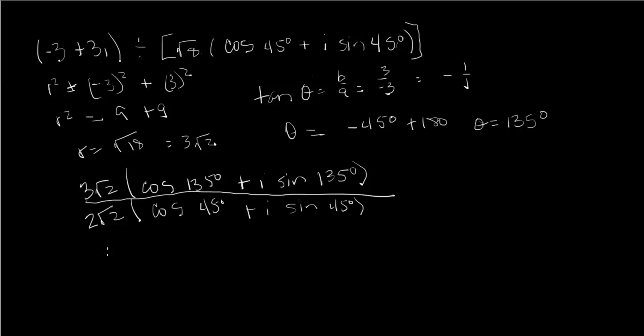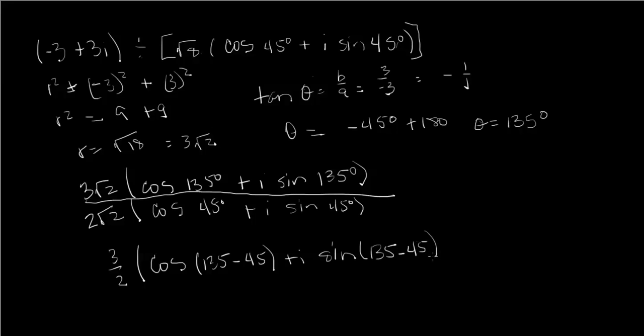Well, 3 square root of 2 over 2 square root of 2 leaves us with just 3 halves. And we have cosine of theta 1 minus theta 2 plus i sine of theta 1 minus theta 2, cosine of 90 plus i sine 90.